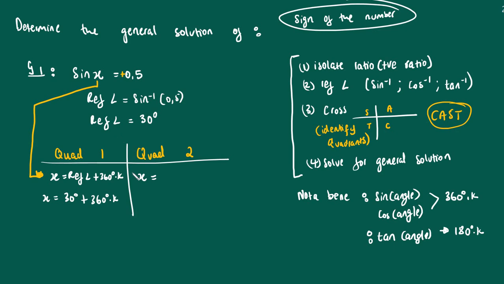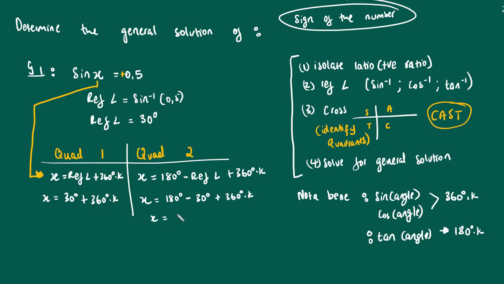Perfect. Then quadrant 2, you're going to say x is equal to, right? You still take this, then it is the one you write here. Then you say in quadrant 2 it's 180 degrees minus theta, right? So you take it as the reference angle, and then you say plus 360 degrees times k. In that way you would have 180 degrees minus the reference angle, which is 30 degrees, plus 360 degrees times k.